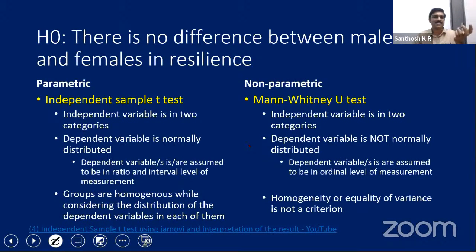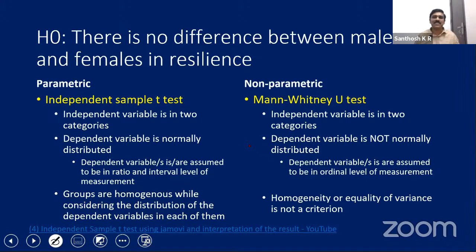So resilience, what is the minimum score of resilience? It will definitely never go below 0. It will not go even below 20, maybe. I don't know. Some of the scales may have 20 as the lowest score. So there is no chance that anybody will get a 0 on a resilience scale.